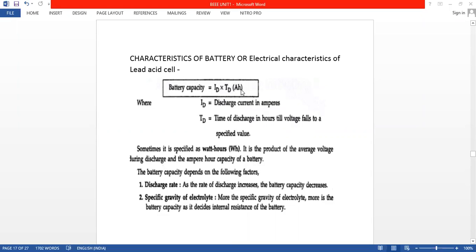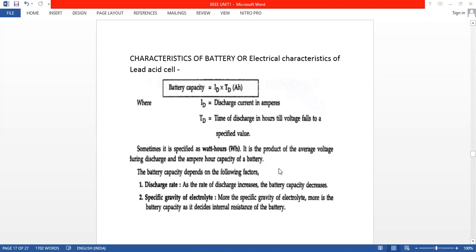Units are ampere hour, AH, because the battery will not discharge in seconds. The battery discharges in hours. So ampere hour. I hope this definition is clear. Battery capacity is the product of discharge current into time taken to discharge. So battery capacity equals ID into TD.